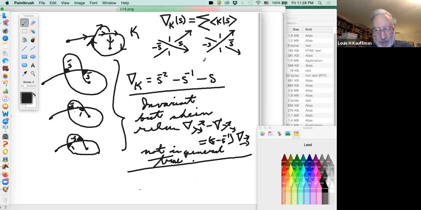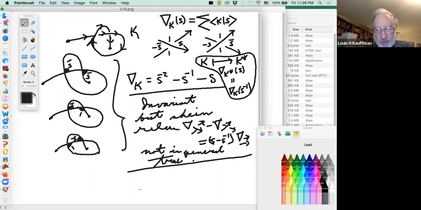So if you go from K to K star, then you will find that delta of K star, the mirror image, as a function of S, is equal to delta K of S inverse. Because that's exactly how it changes. These vertex weights just switch S and S inverse. So if you found that delta K of S inverse was not the same as delta K of S, then you would have shown that the knot was inequivalent to its mirror image.